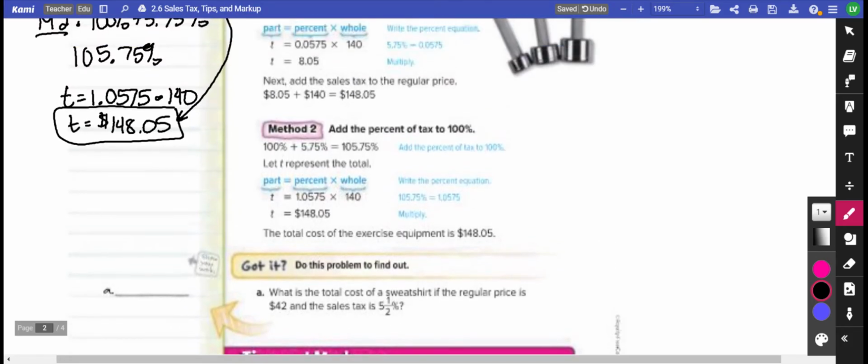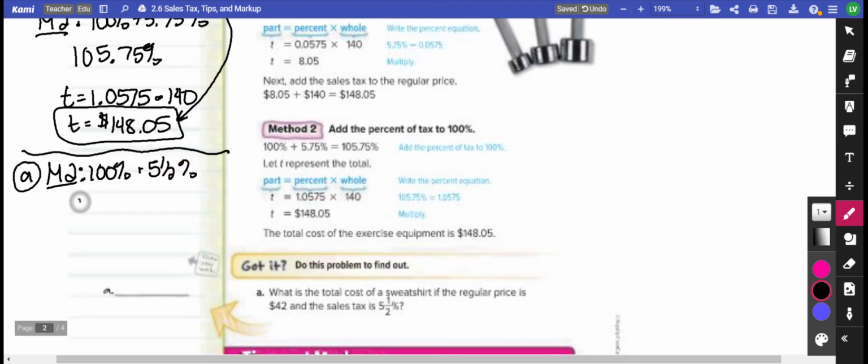So let's see if we got this. We're going to do letter A. What is the total cost of a sweatshirt if the regular price is $42 and the sales tax is 5.5%? Well, it's up to you. You can either use method 1 or method 2. I like to use method 2 because I feel like there's less that you have to do. So I'm going to take 100% and add my 5.5%. That gives me 105.5%.